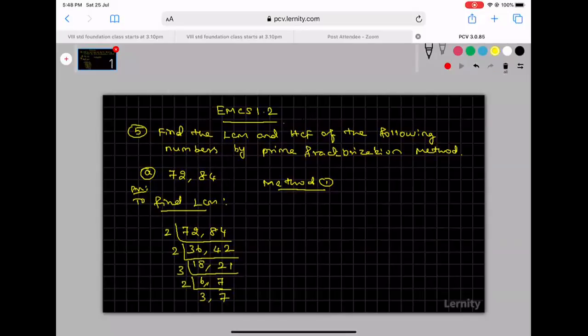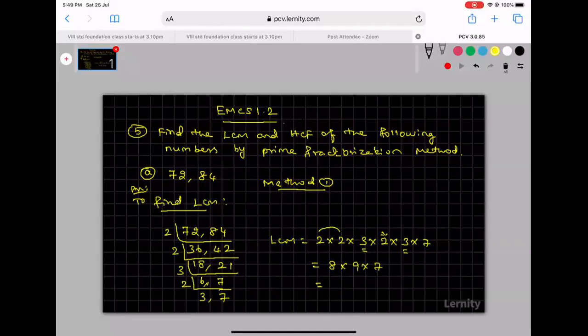Now my LCM is equal to 2 into 2 into 3 into 2 into 3 into 7. Then my answer: 2 into 2 is 4, and with the other 2 it is 8, into 3 into 3 is 9, into 7.